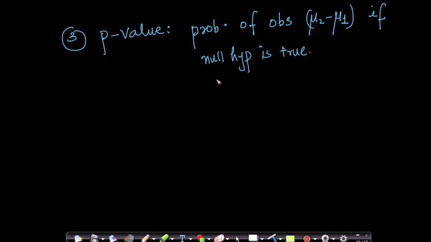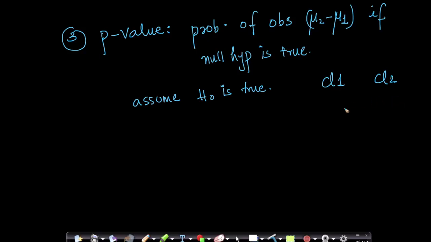Imagine, let's assume that my null hypothesis is true, which means there is no difference between my class 1 students and my class 2 students. There is actually no difference.